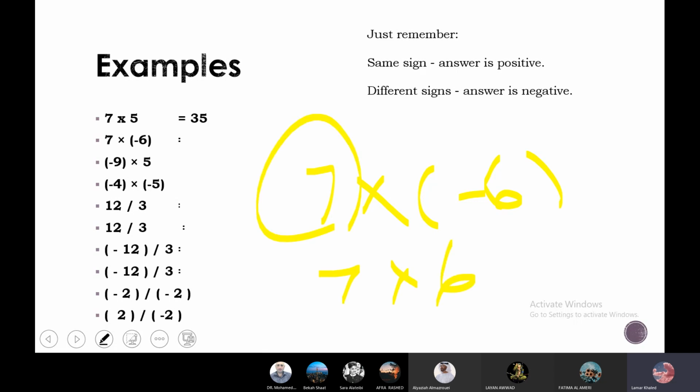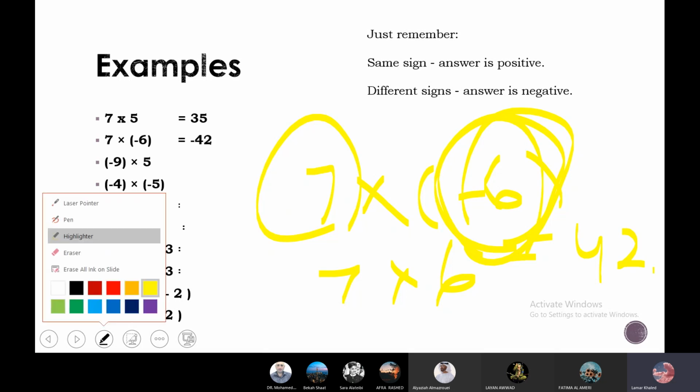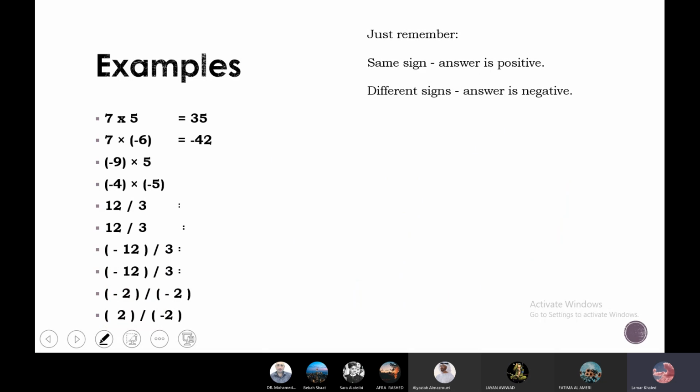First of all, multiply: 7 times 6 is 42. We have different signs, so the answer will be negative 42. So first just multiply, and then see if we have different or the same signs. How about negative 9 times 5? Minus 45. Thank you very much.